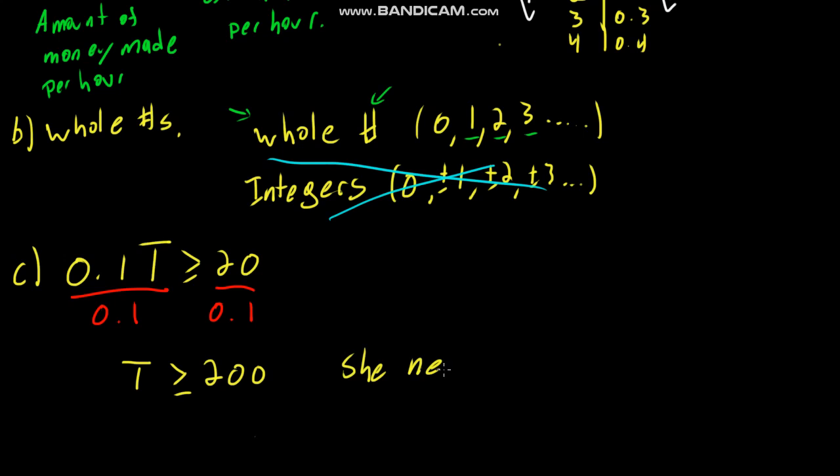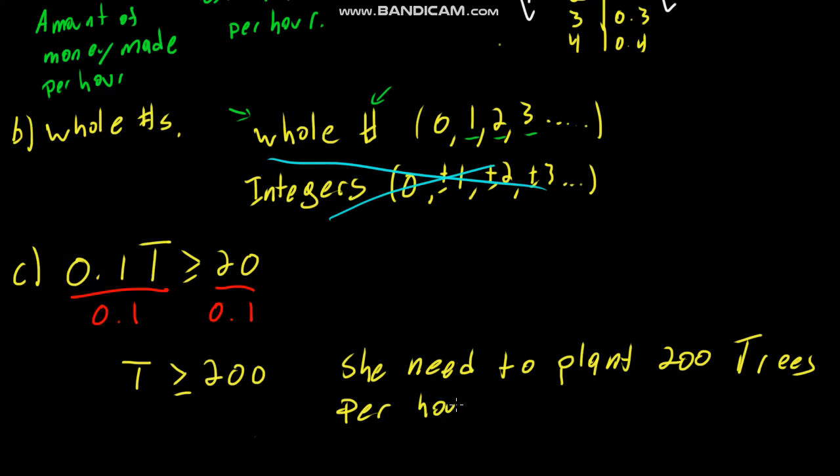She needs to plant 200 trees. I think I can do a little better than that. 200 trees per hour. Per hour or more in order to make $20 an hour.